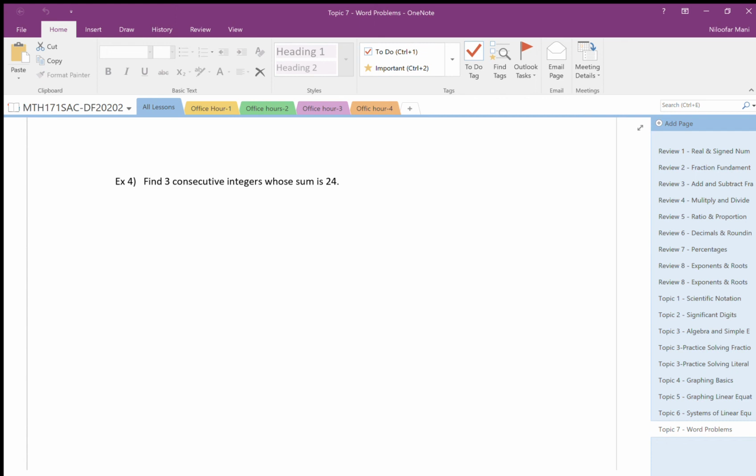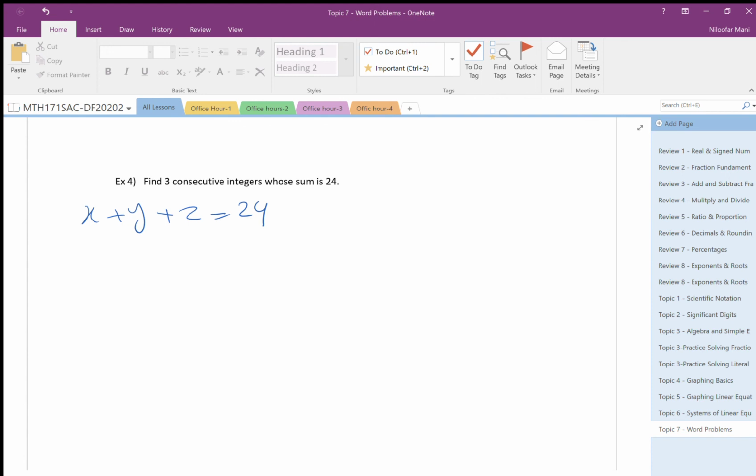At the beginning, if you don't pay attention, you would say you are looking for three numbers, so you want x plus y plus z to be 24, and then you would say, I have just one equation and three unknowns, and how can I find them? In this case I have to say I cannot find them because I just have one equation. So you have to read the question carefully.